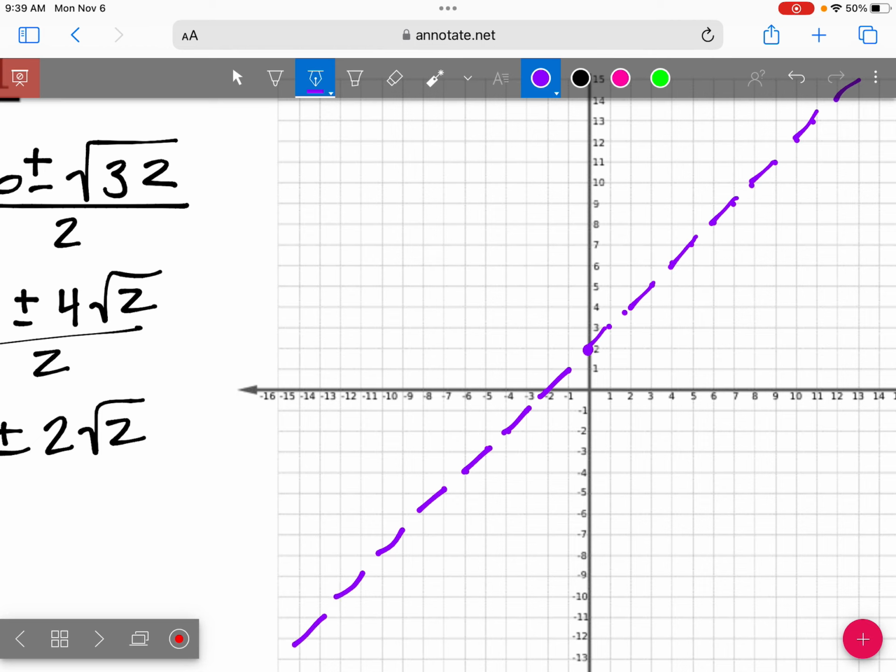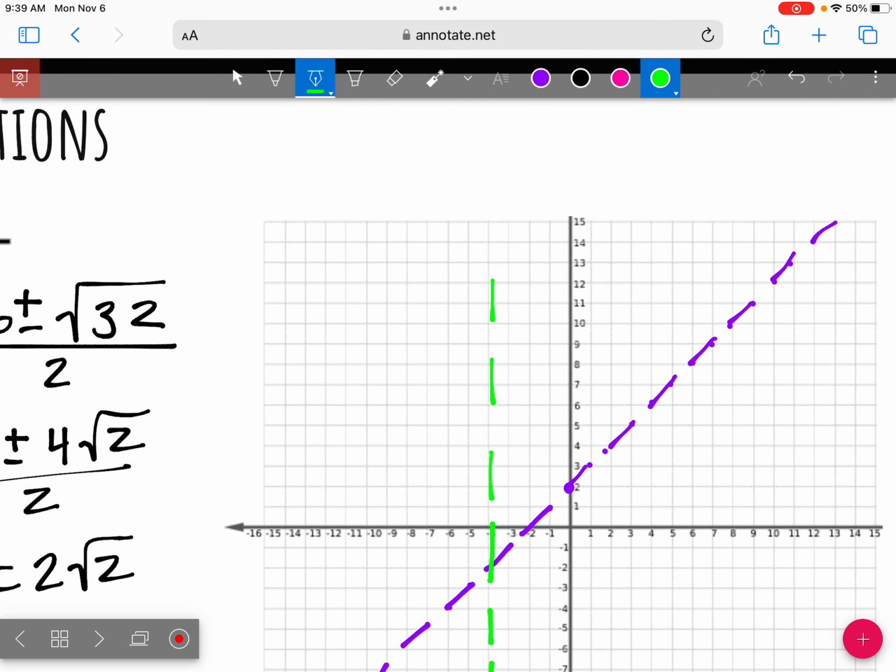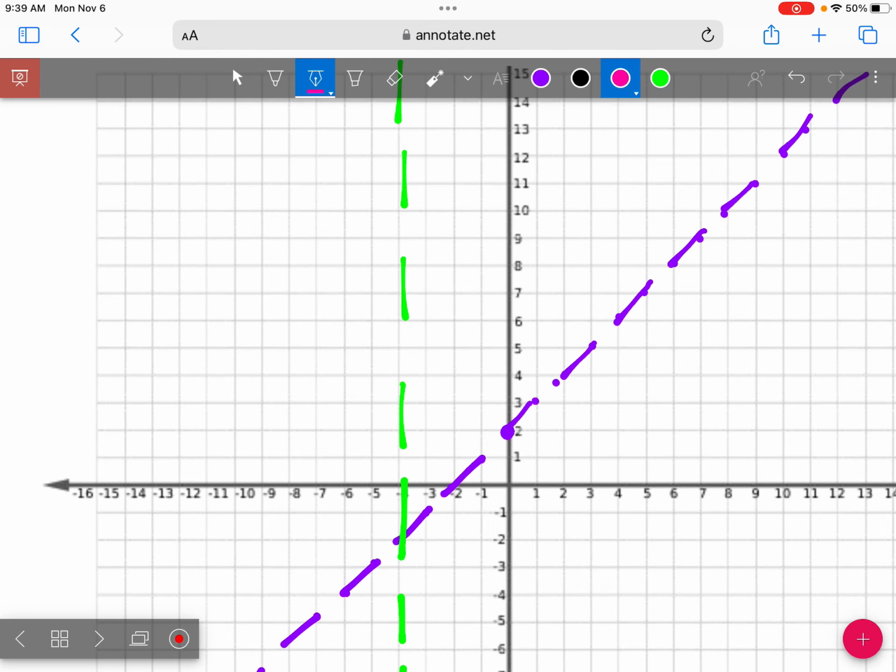We also have a vertical asymptote at x equals -4. I've got a y-intercept at 0, 1/4.